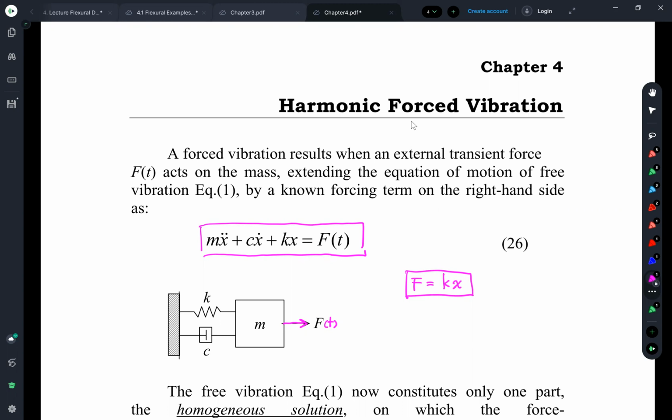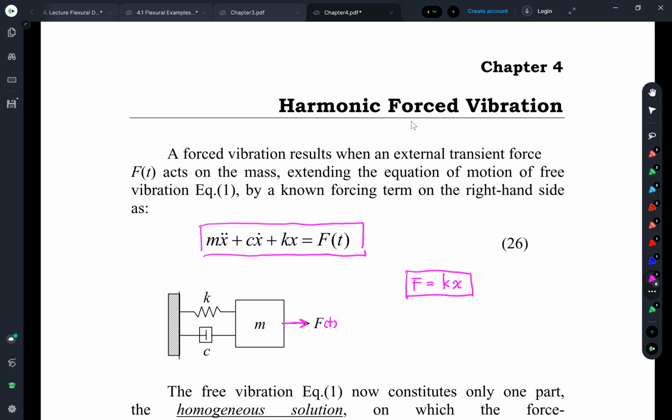You see, if I assume my force F of time t, as in equation number 26, becomes a static force, you know that the system doesn't have any velocity. The system doesn't have any acceleration, right? It's static. Static implies you don't have the movement, I mean, the velocity and the acceleration. The movement x you can have, the deformation, for example.